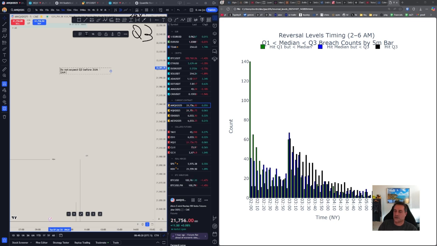At 2 a.m., Q1 touch is very prevalent, right?